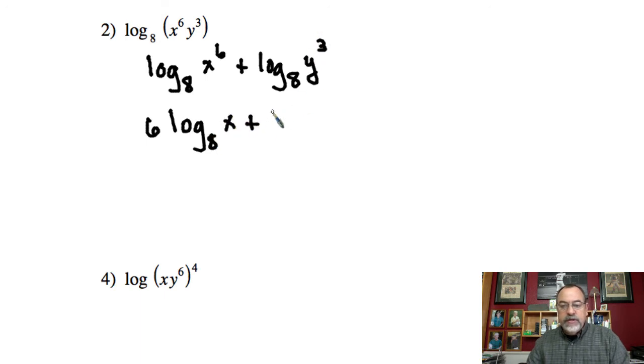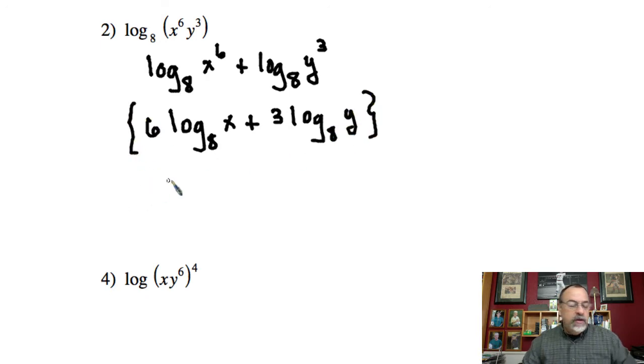And then this exponent can also be moved out in front. And so this would be the expanded form. Okay, I'm going to check my answer. I have the answers over here in another computer, so I'm just going to double check those and make sure I have those right. And we do. All right, so we'll go to our next example.